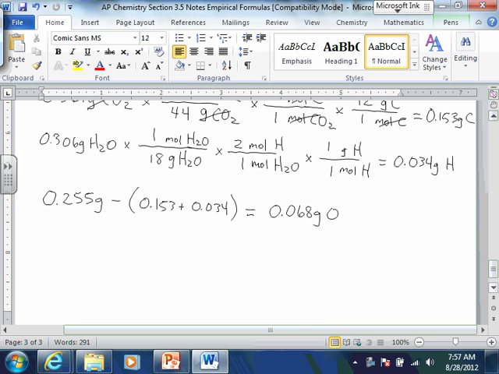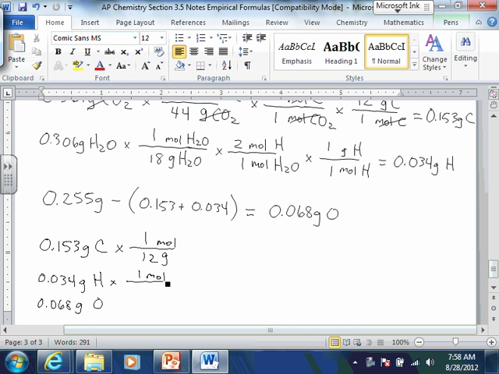Okay. And so now it becomes just a normal empirical formula problem, and all you have to do is, you know, we've already got our masses here, so we just change these masses to moles. Run out of room here. In 1 mole we've got 12 grams of carbon.